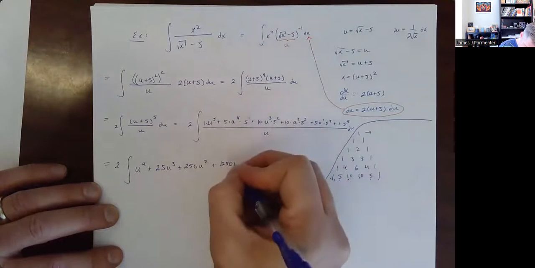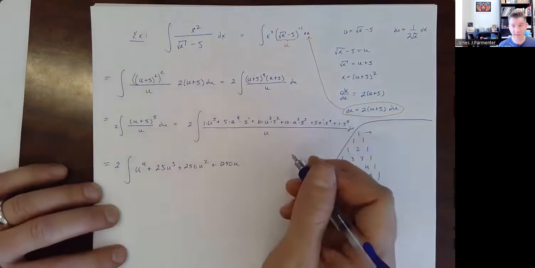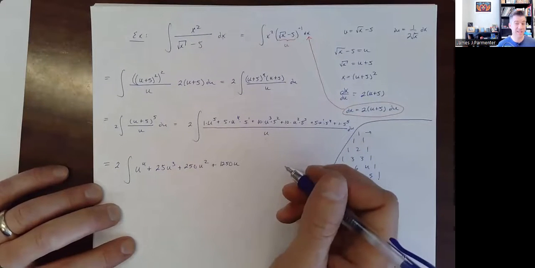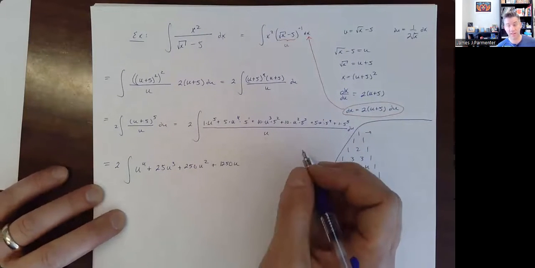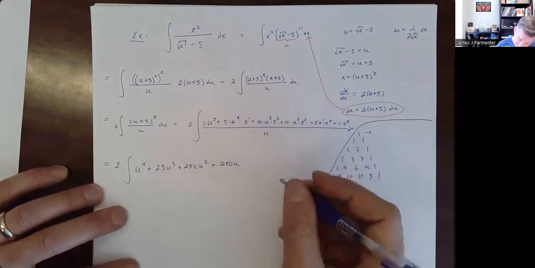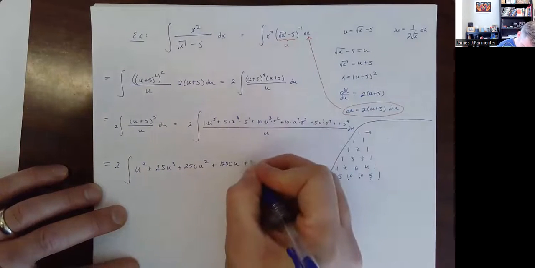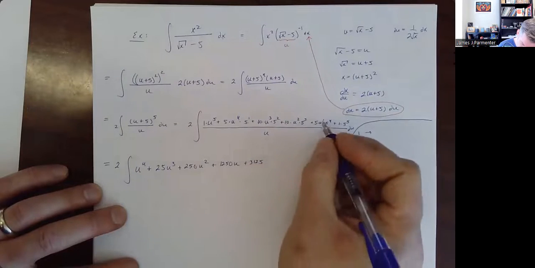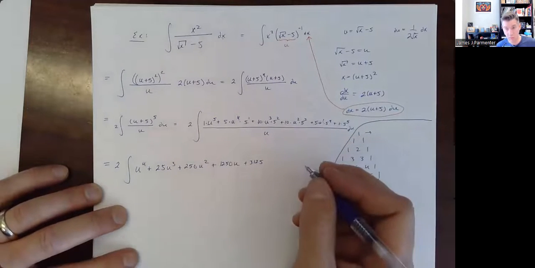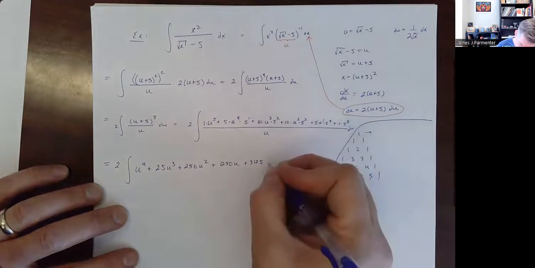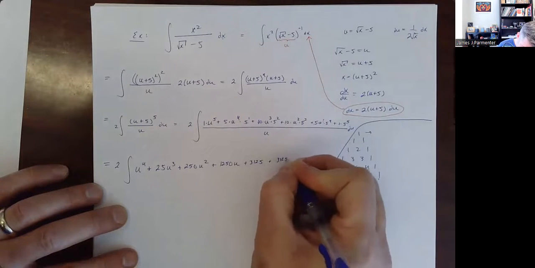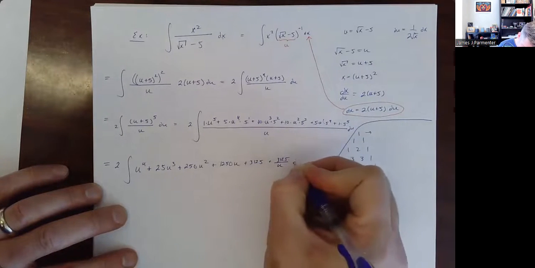U squared over u is u. 5 times 5 to the fourth is 5 to the fifth. 5 to the fourth is 625. Multiply that by another 5, and you get 3,125, and u over u is just no u's. And then finally, 5 to the fifth is another 3,125, but now I'm dividing by u.